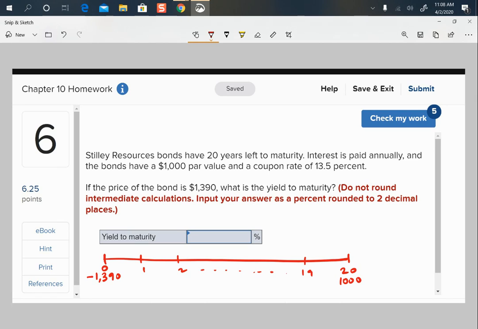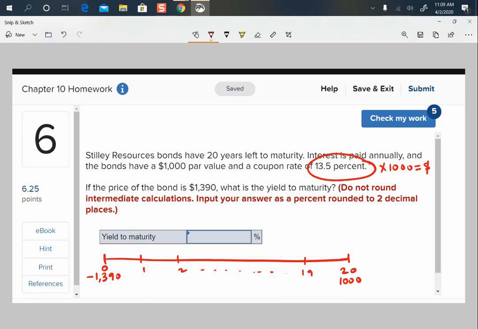In return, the bond is going to pay you interest revenue. In this case, it's on a yearly basis, and you'll be getting 13.5% on the face value of the bond, so 13.5% times the face value of this bond, which is 1,000.